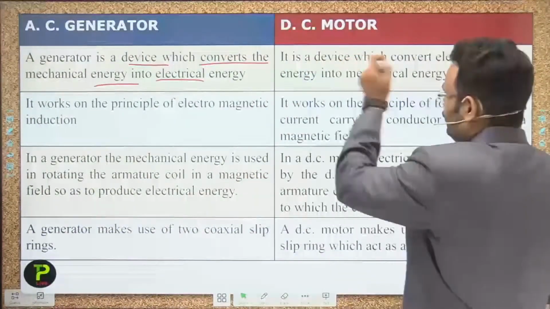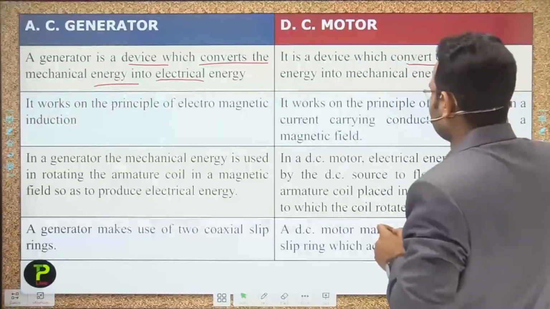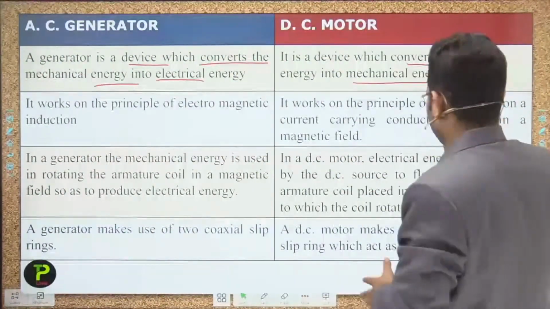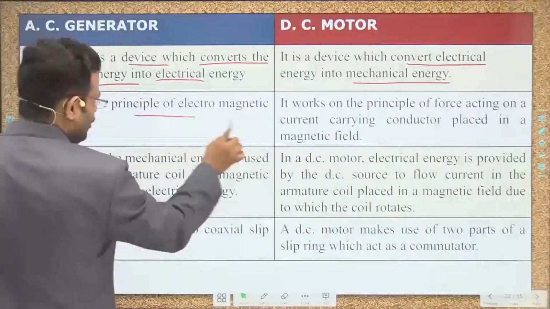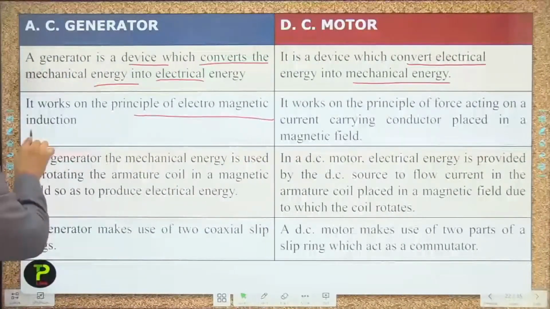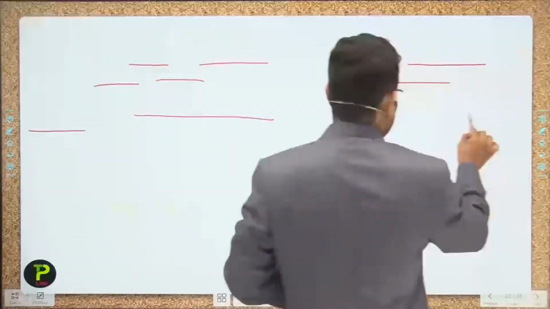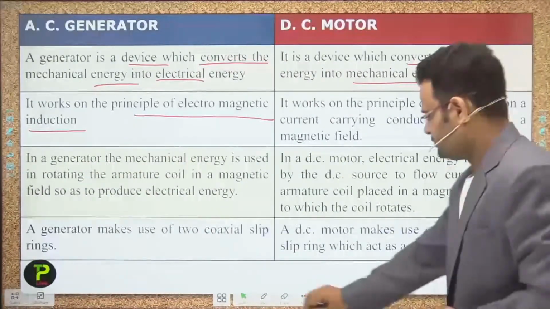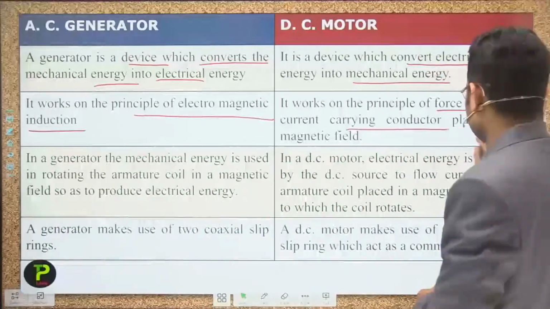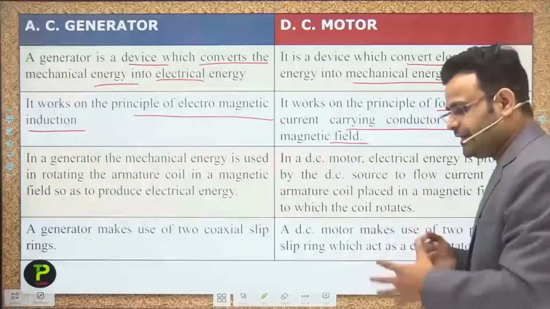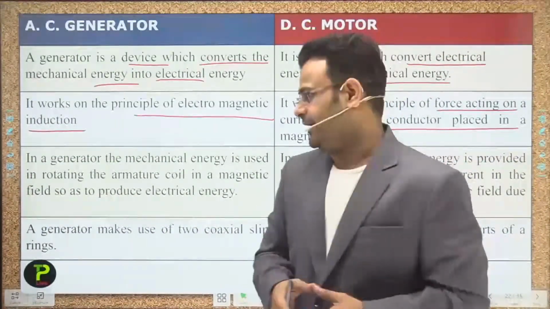In an electric motor, called a DC motor, it takes electrical energy and provides mechanical energy to do work. It works on the principle of force acting on a current carrying conductor placed in a magnetic field. Whenever a current carrying conductor is placed in a magnetic field, a force is applied.